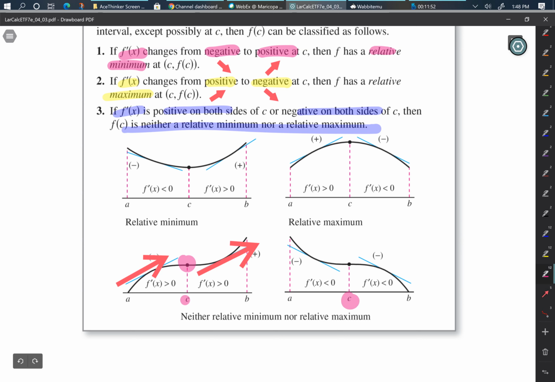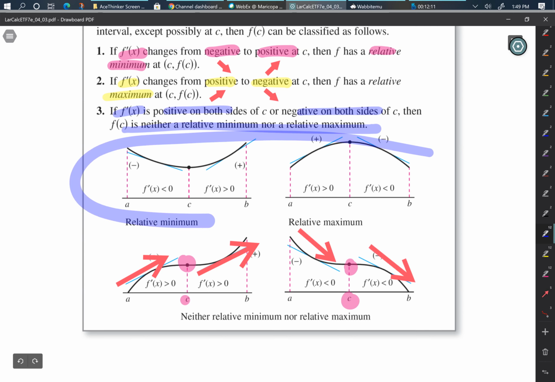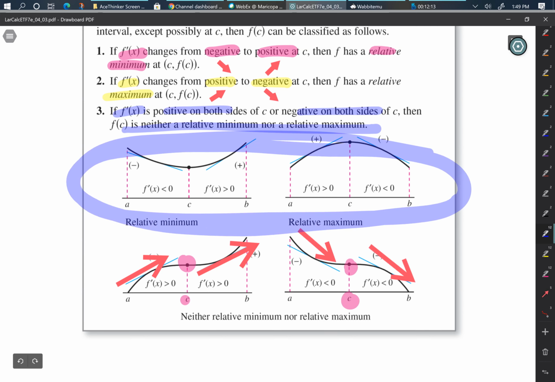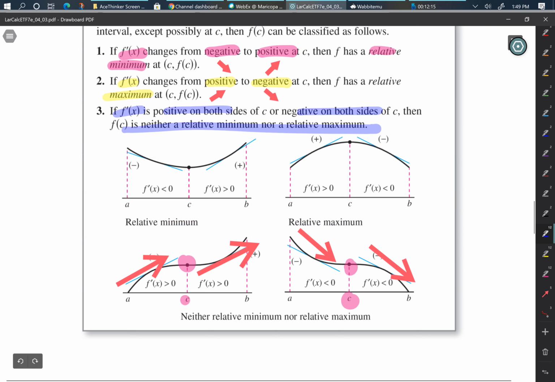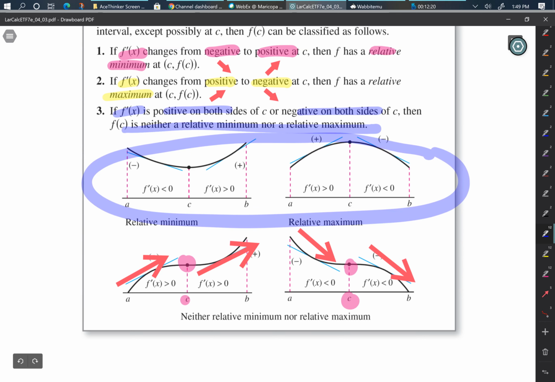Similarly, over here, critical number, I was decreasing and then I'm still decreasing. That's neither a max nor a min either. That's just I went down, I stopped going down for a second, and then I went down some more. Okay? While those last two happen, it's these two right here that we care the most about, because those two right there are what's going to give us our maxes and our mins, our maximum values and our minimum values that we're looking for.